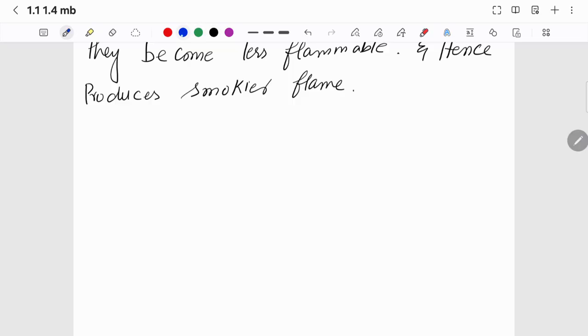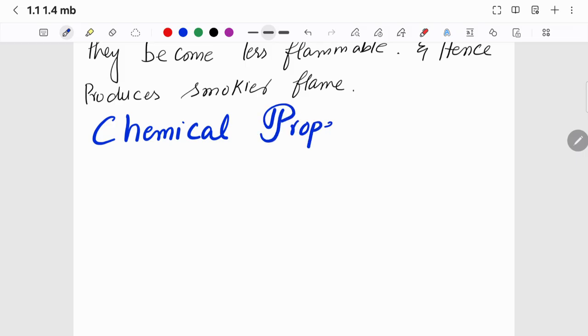Now we are moving towards the next topic, and that is chemical properties of alkane.